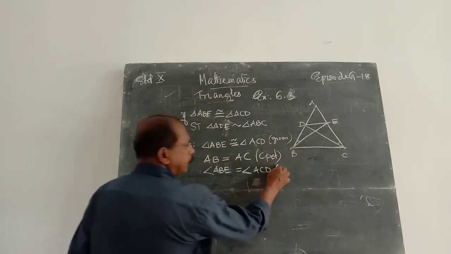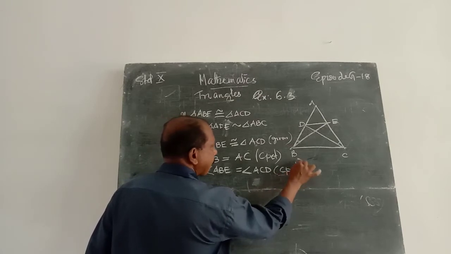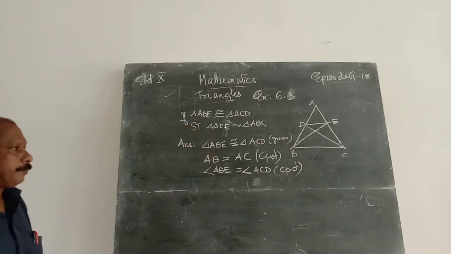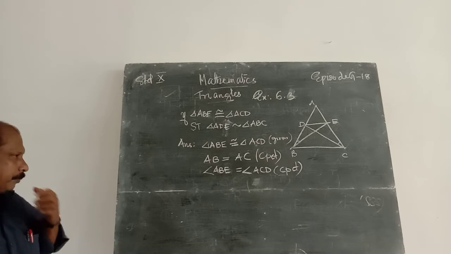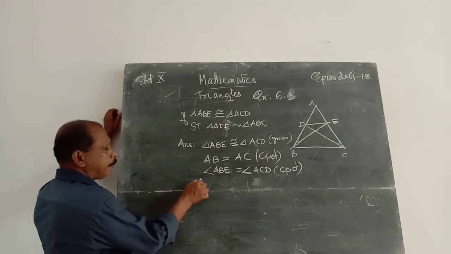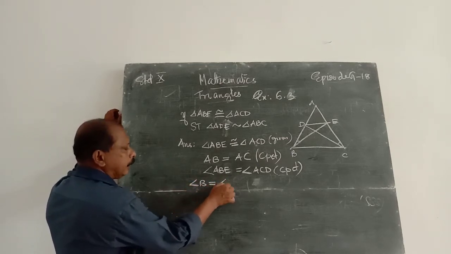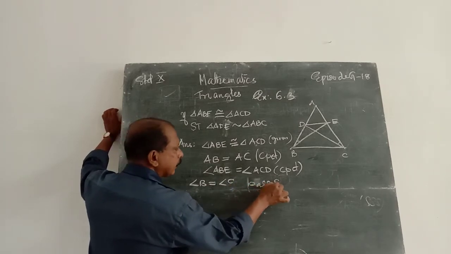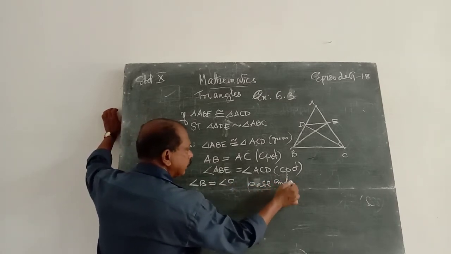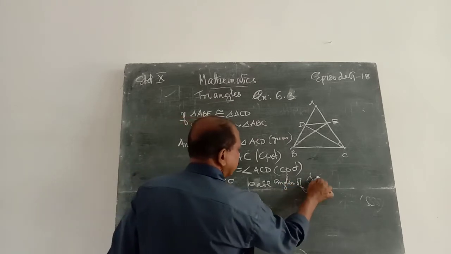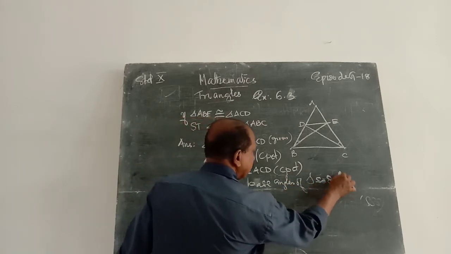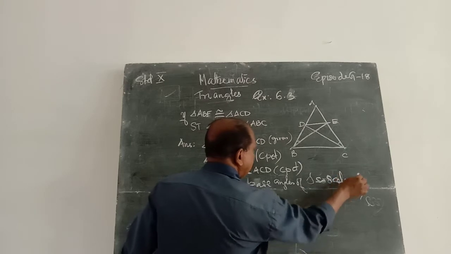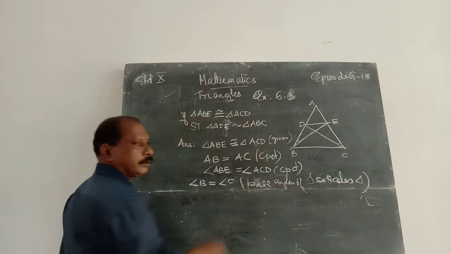That is also CPCT. Angle B is equal to angle C. That is base angles of isosceles triangle. That is the answer.